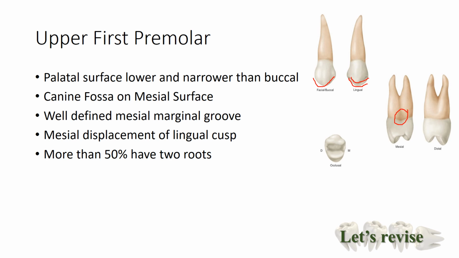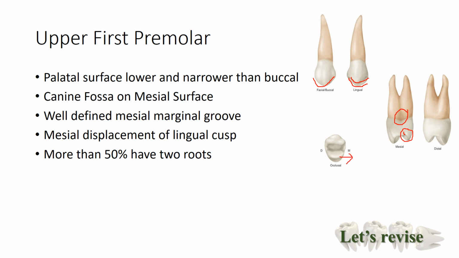That's basically what that means in Latin. You also have a really good groove. I don't know if you can see it on the drawing so well, but just here there's a little groove. There's usually a well-defined mesial marginal groove. And the lingual cusp, if you can see on the diagram here, is mesially placed.